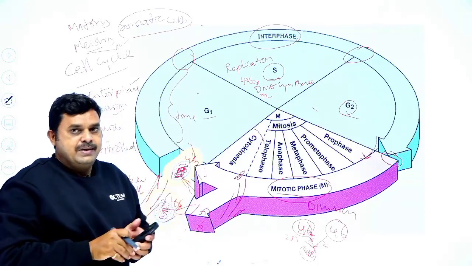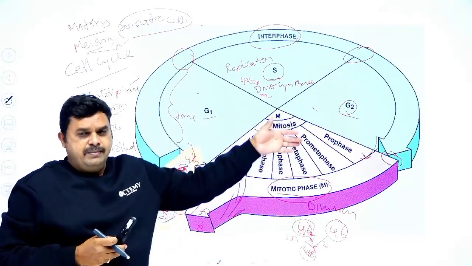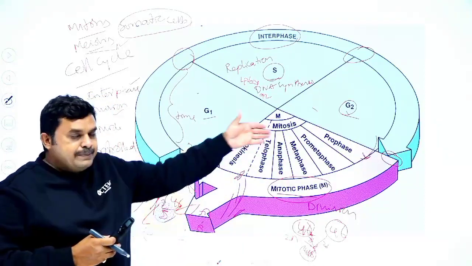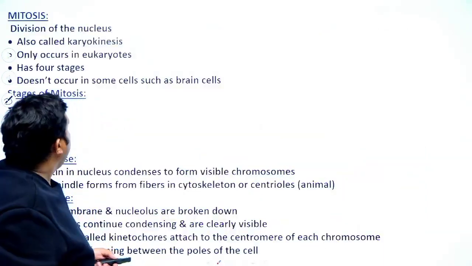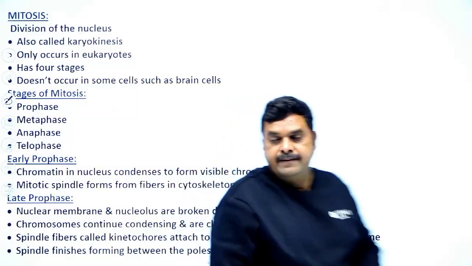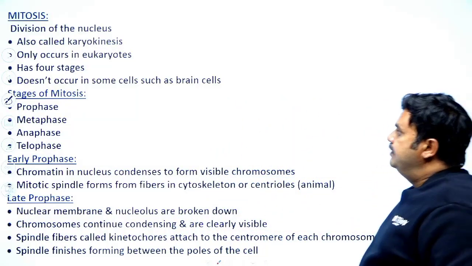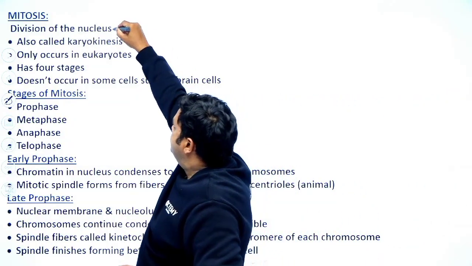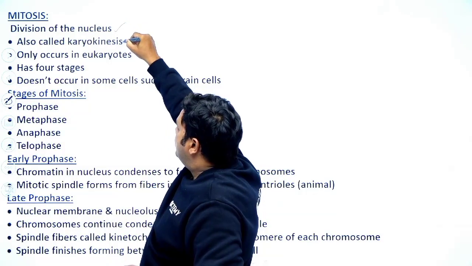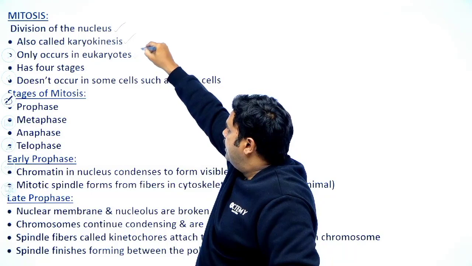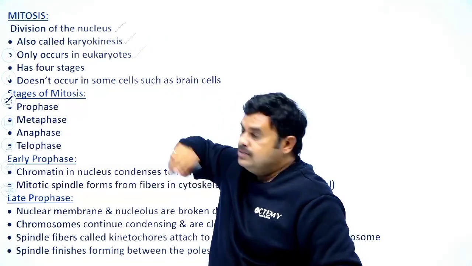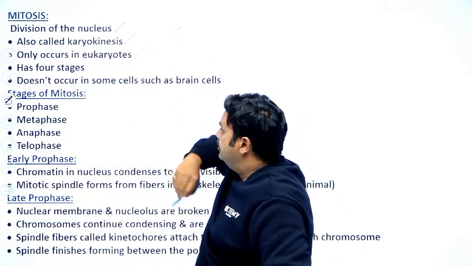In the GATE syllabus, there is nothing specific on mitosis or meiosis, but I will explain the various stages in mitosis. Mitosis is the division of the nucleus, also called karyokinesis. It occurs only in eukaryotes. You remember, mitosis occurs only in eukaryotes, not in prokaryotes.